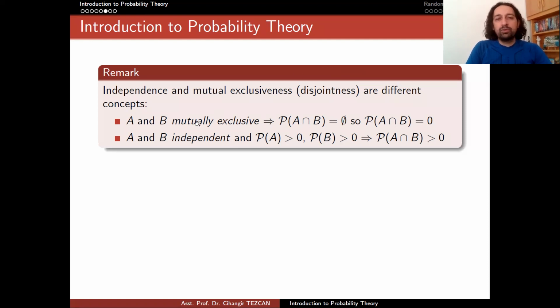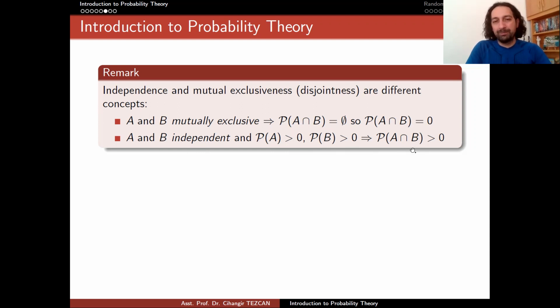A and B mutually exclusive implies that A intersection B is the empty set, or the probability of A intersection B is 0. But A and B independent means that the probability of A is larger than 0, the probability of B is larger than 0, so the probability of A intersection B is also larger than 0.